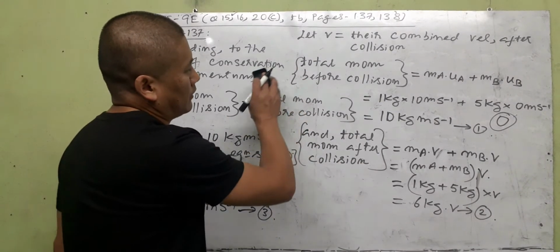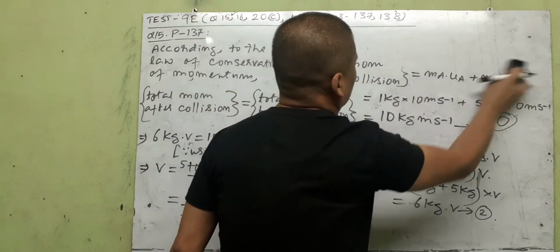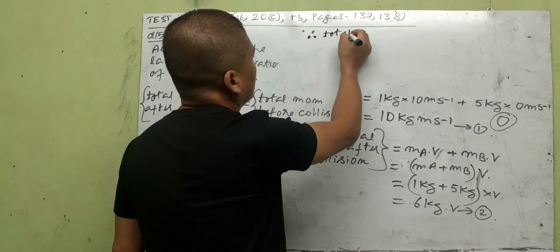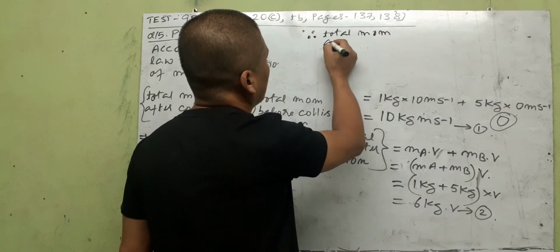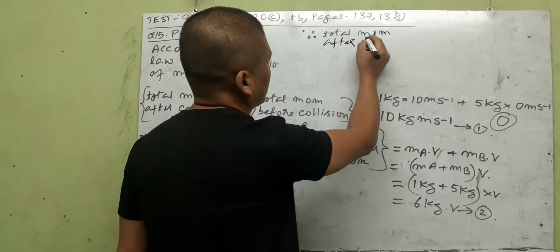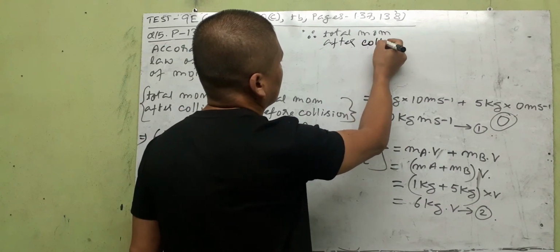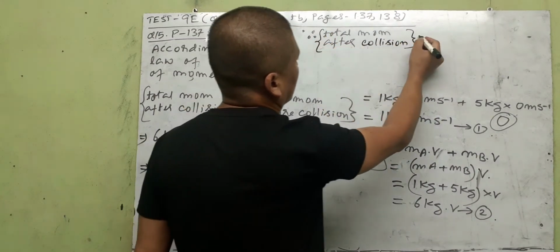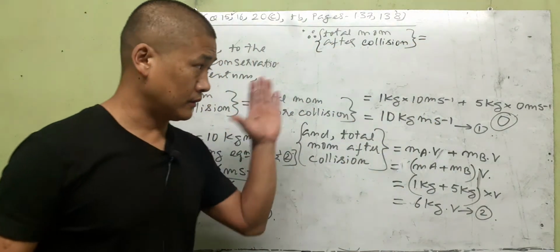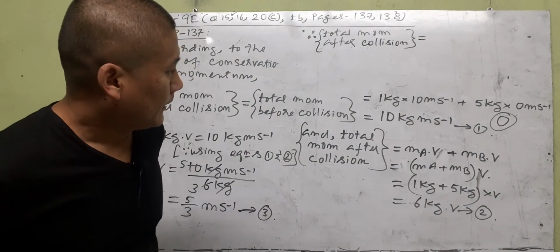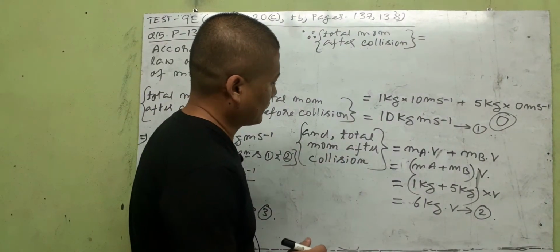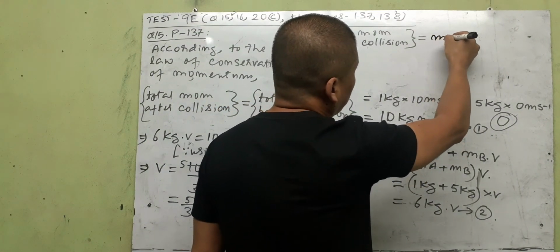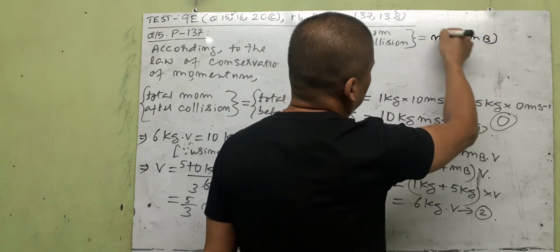So we write here, therefore total momentum, we write once more, before we have found 10 kg meter per second, but after collision. Okay, as I said, don't rush it, just relax and do. So here formula after collision, same formula, so we can write MA plus MB, we can shorten it into V here.